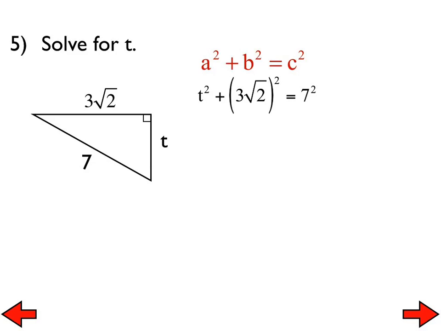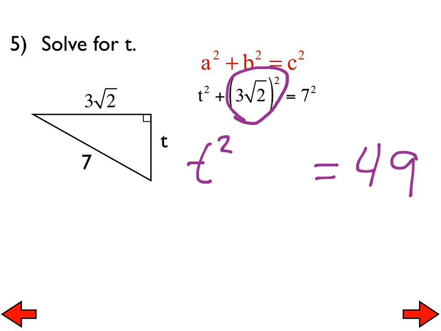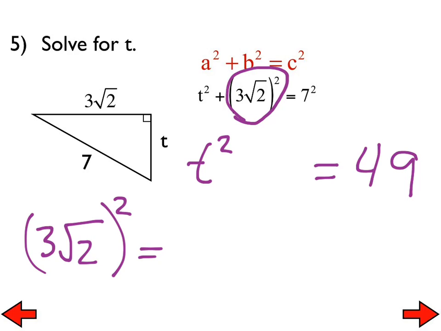There seems to be a bit of an issue with a few of you with this right here. So let me go ahead and take care of the easy parts first. Just off to the side, 3 square roots of 2 squared means, the long way, 3 square roots of 2 times 3 square roots of 2. This is one of the reasons why we worked on that last week, multiplying radicals together.